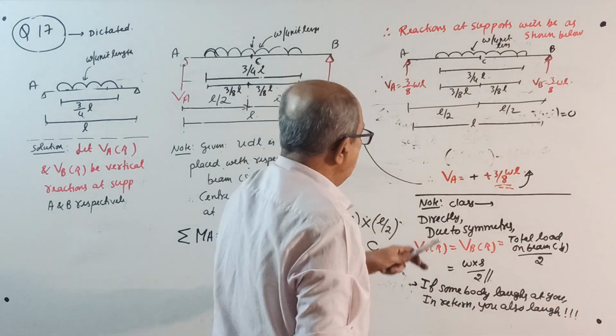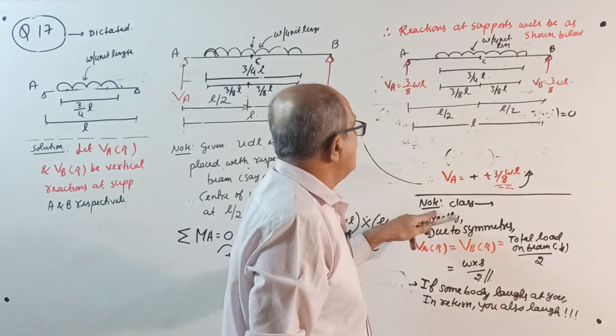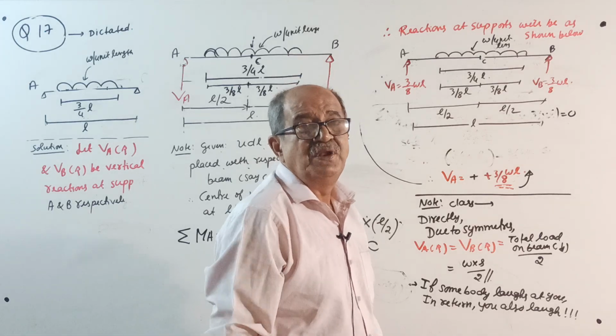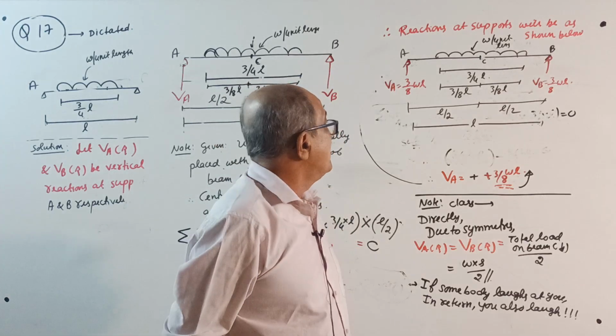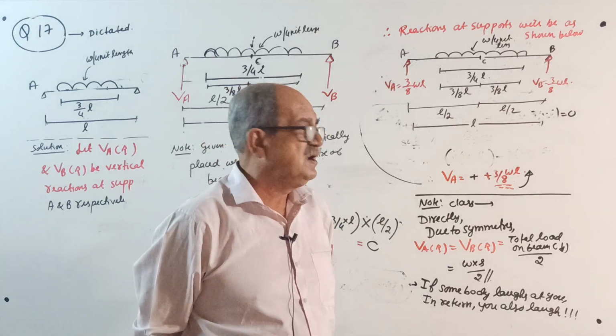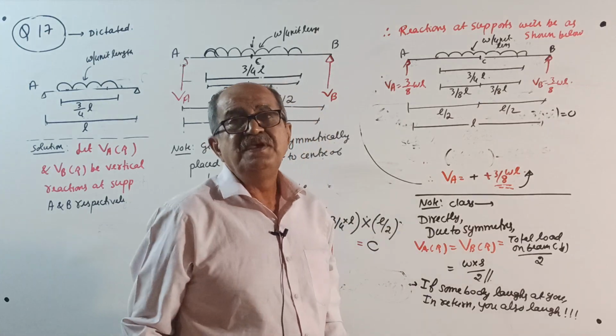Right. Now right here, note, actually all this is waste of time. A little later when you go to strength of materials, at that time, if a shortcut is applicable, you go for the shortcut. Don't waste time. This is to understand.